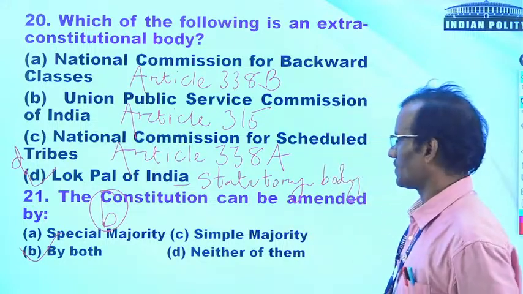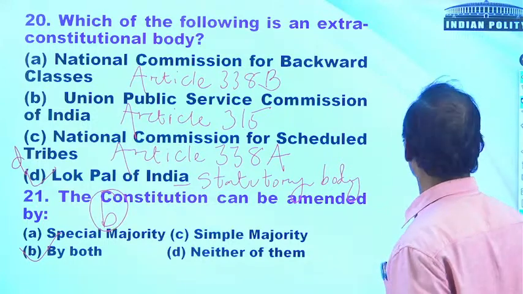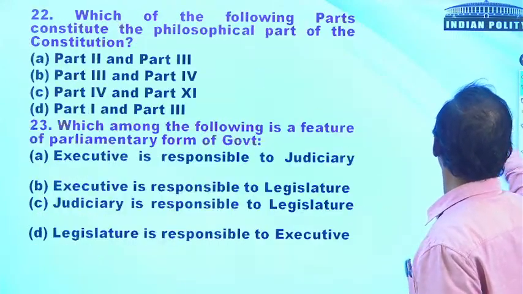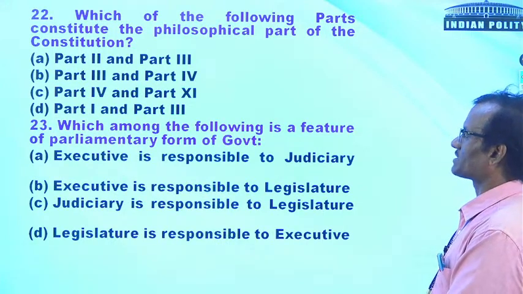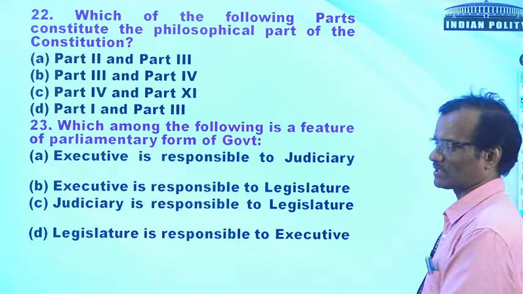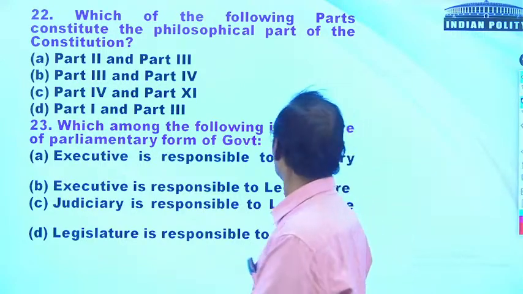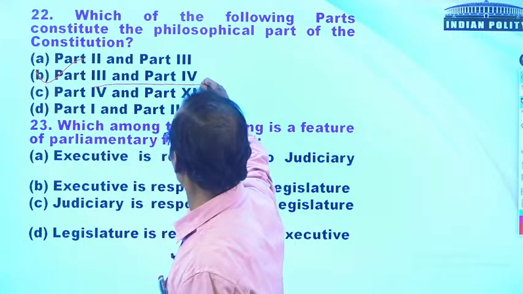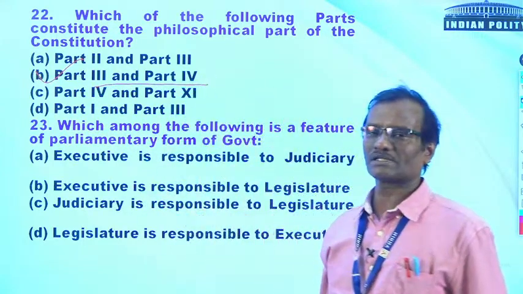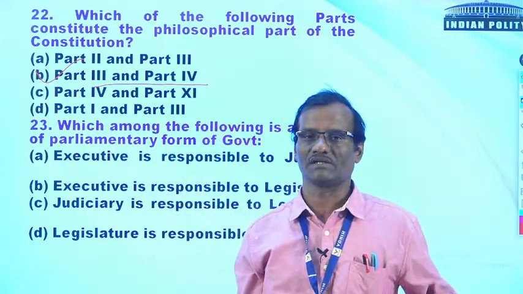Now we shall go to question number 22. Which of the following parts constitute the philosophical part of the Constitution? As we have already discussed, Part 3 and Part 4 together constitute the philosophical part: justice, equality, liberty and fraternity.